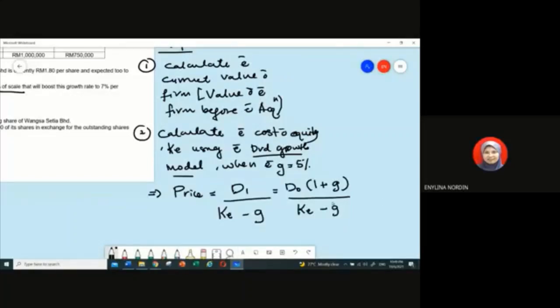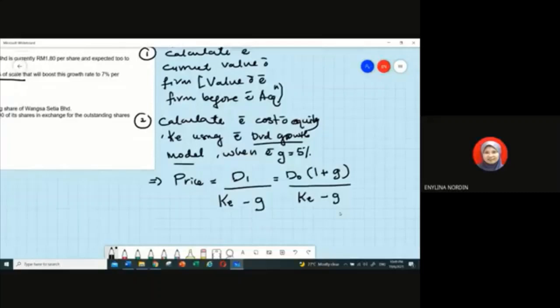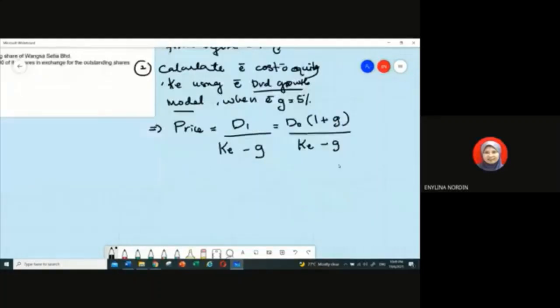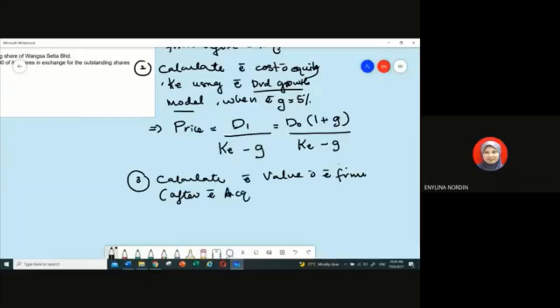We have dealt with this when we did the cost of capital topic, the last topic. The last step is to calculate again the value of the firm, but this time the value of the firm after the acquisition.